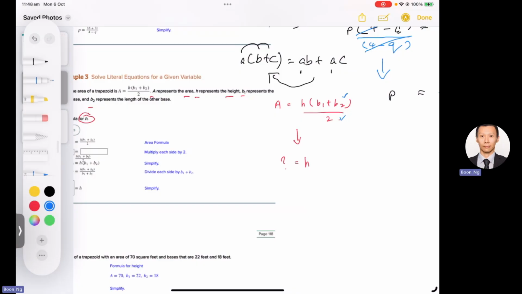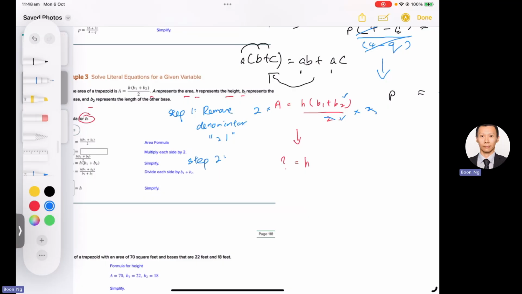To get rid of the denominator, which is 2 in this case, you multiply by 2. These two cancel out. Because you multiply by 2 on the right, you also need to multiply by 2 on the left. Now this 2 is gone.